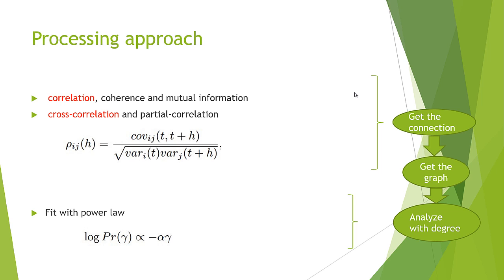We chose correlation, and there are two kinds of it. The first is called cross correlation, which is defined in this equation. Generally speaking, it's a coefficient that can be calculated from the covariance of two time series with the time delay coefficient h. Another one is called partial correlation.